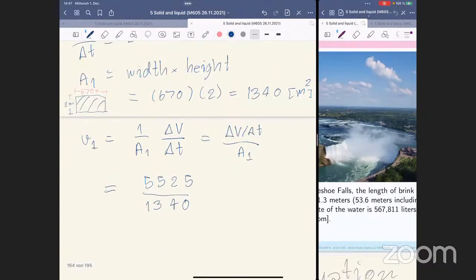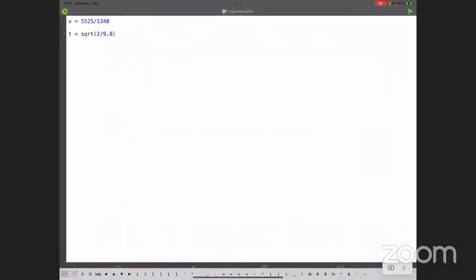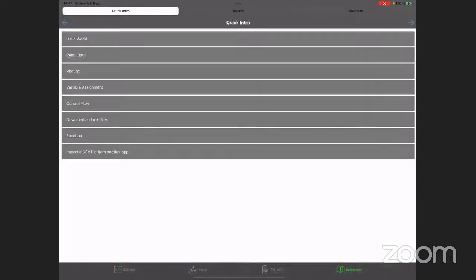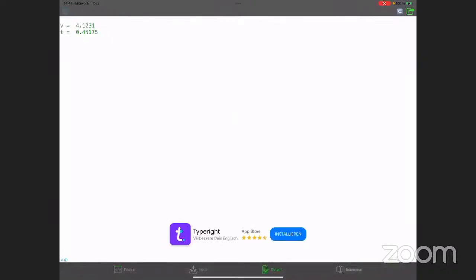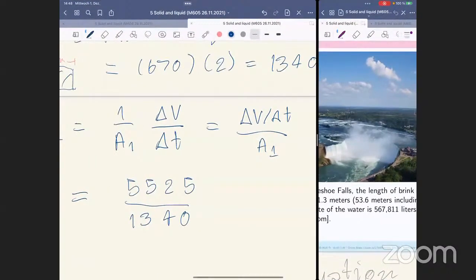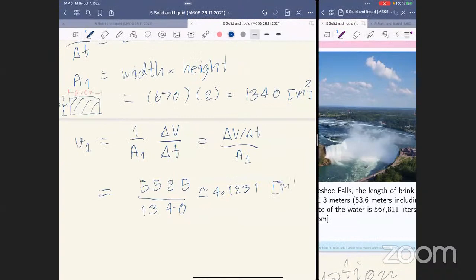You could put it into the calculator. You're going to have a speed of approximately 4.1231, and velocity is in meters per second.